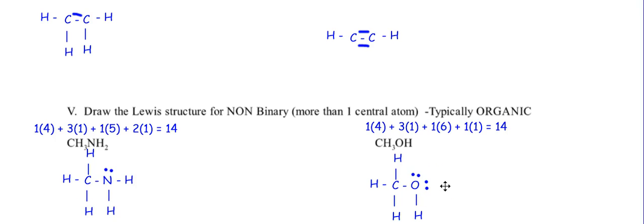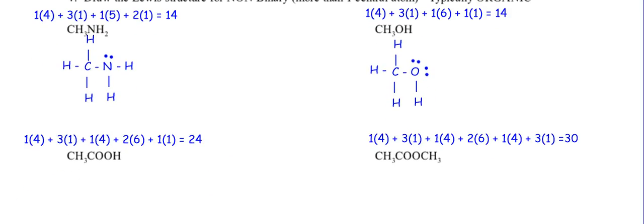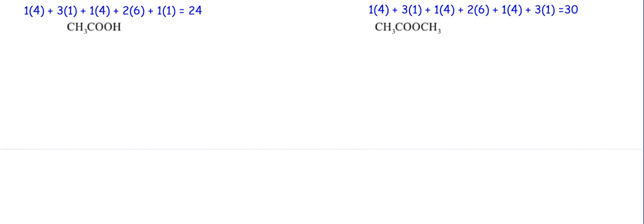All right, so I want to do something real quick with you. Let's look down at these next two examples, all right? I've already gone ahead and figured out how many total electrons these two need. But look how this is written. And this is what I want to tell you first.